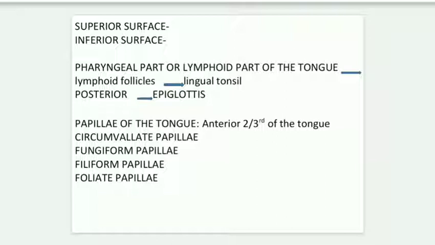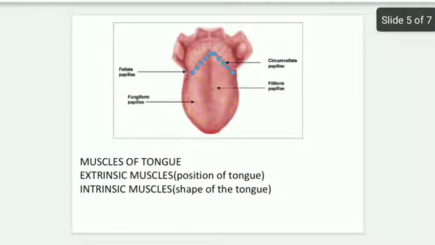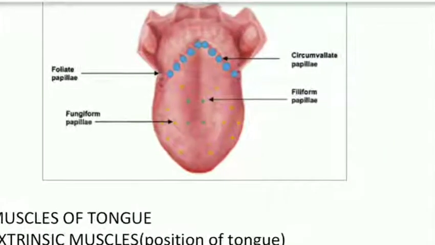Now the papillae of the tongue, on the anterior 2/3 of the tongue. There are 4 types of papillae: circumvallate, fungiform, filiform, and foliate papillae. As you can see in this picture, there are 4 papillae. First, circumvallate papillae.